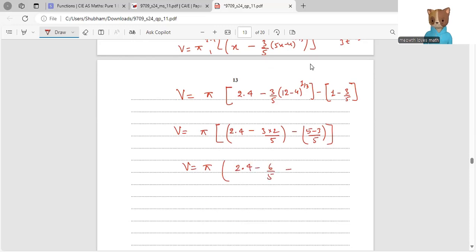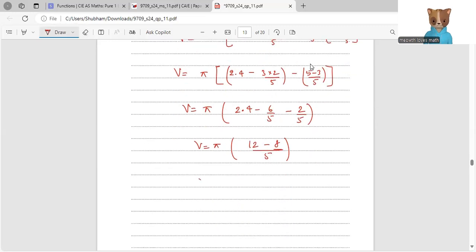All right. Minus 2 by 5. So this becomes 12 minus 8 by 5. Right. 12 minus 8 by 5. So 12 minus 8 by 5 we have over here. And this is finally written as 4 by 5 times pi centimeter cube.